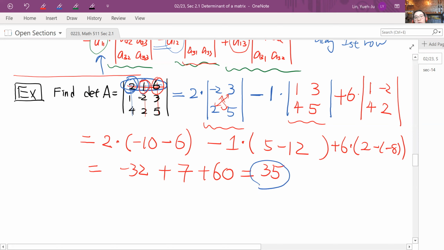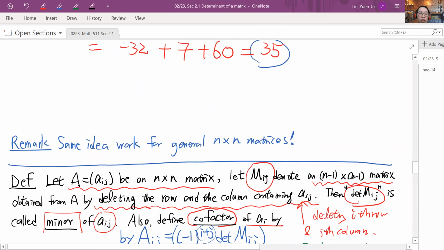I want to redo this example, but expand along a different row or column, to show you that you should get the same number. The determinant should not depend on which row or column you do the expansion along. It's a signature associated with this matrix. It should not change, no matter how you calculate the determinant.